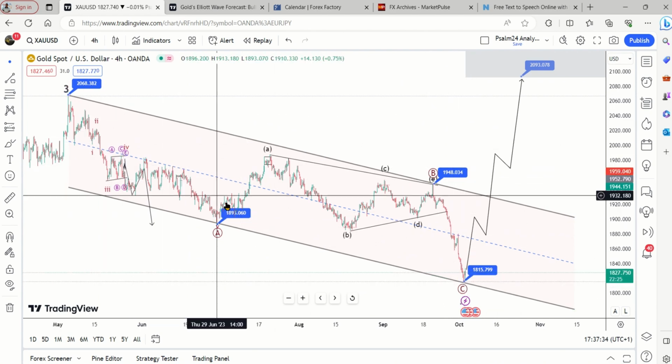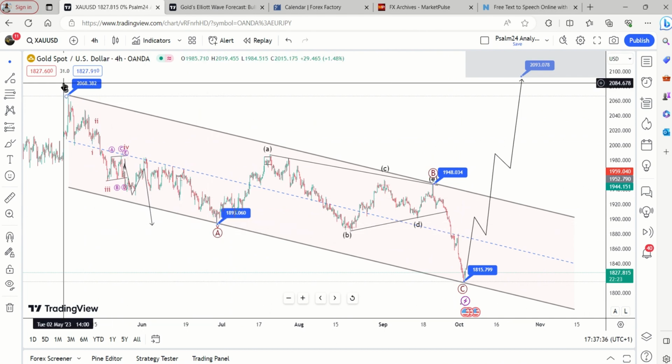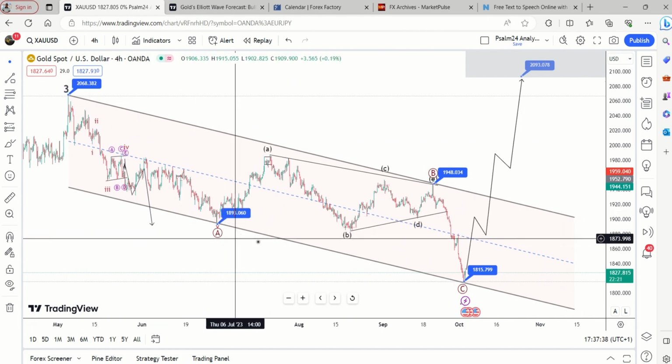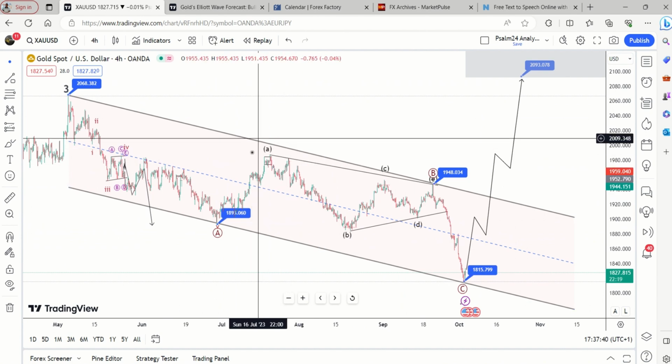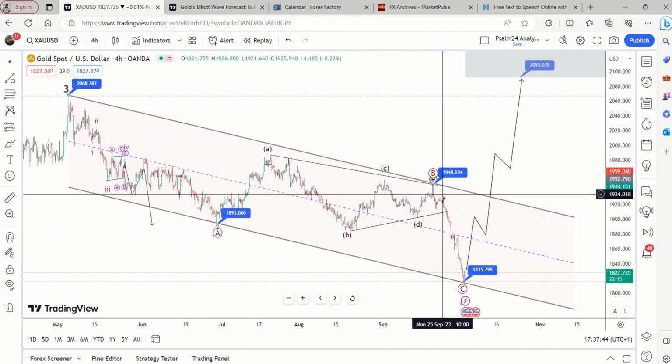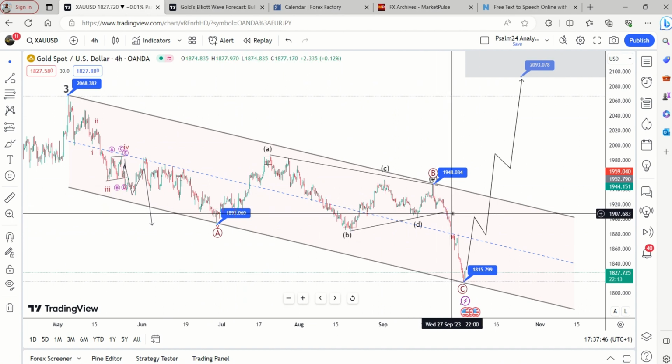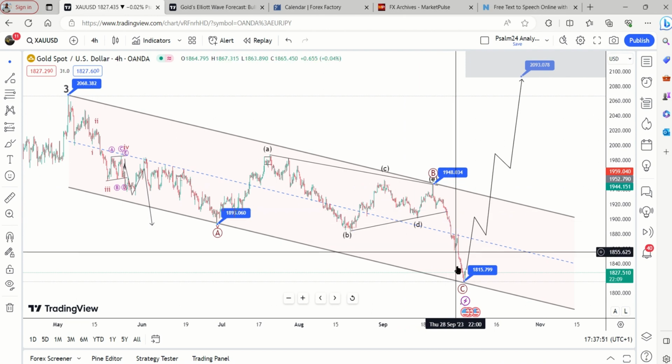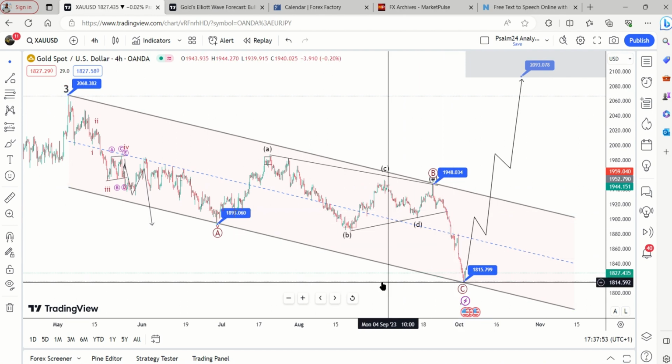So we had the first run in wave A, and then wave B was a contracting triangle giving us A, B, C, D, E, and then we had a breakout of this. This was a perfect entry for anyone who spotted this earlier. This would have given you a lot of pips.